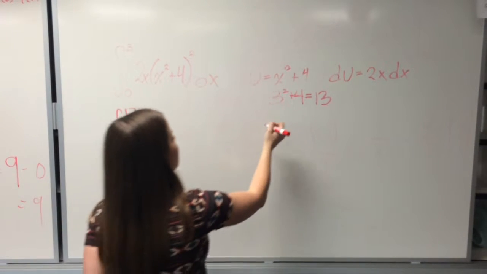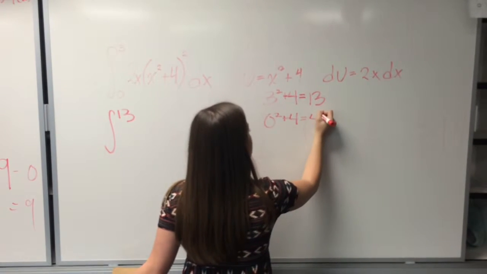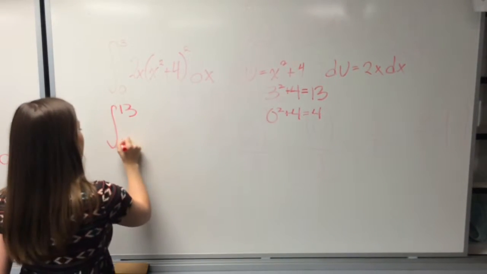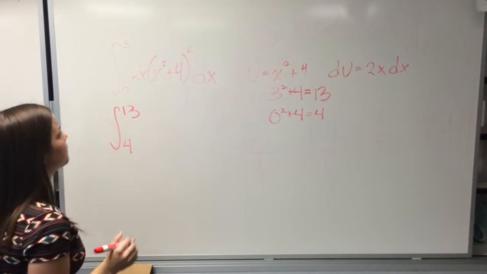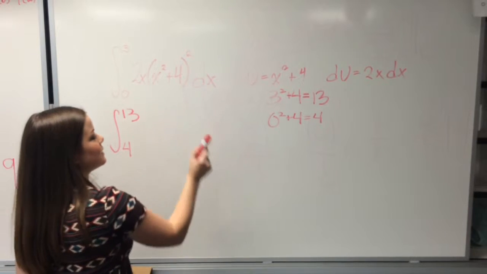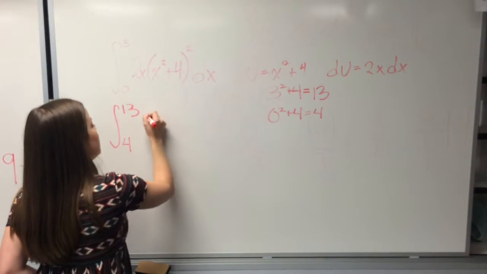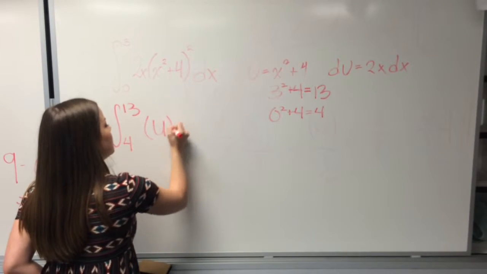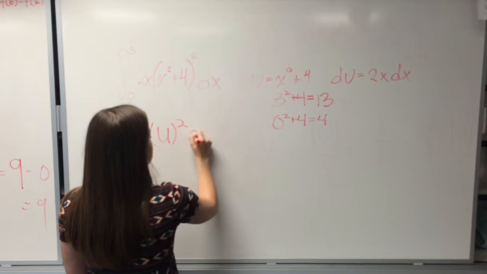And plugging in 0 would just give you 4. So on the bottom you have 4. So your new bounds are 13 on top and 4 on the bottom. Since 2x dx is equal to du, all you have to rewrite is u squared, since u is what's in the parentheses, du.